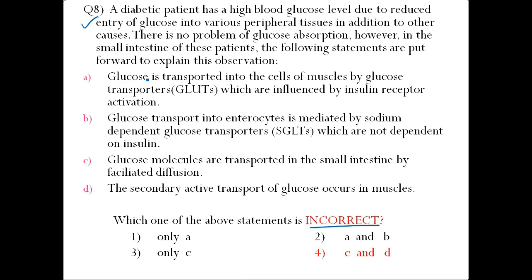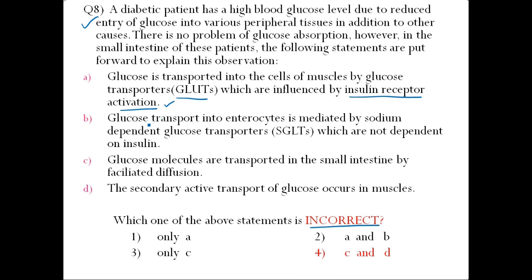First option, glucose is transported into the cells of muscle by glucose transporters GLUTs, which are influenced by the insulin receptor activation. This is correct, because when insulin binds to the insulin receptor in the muscle cells, then GLUT4 will be translocated into the cell membrane and helps in glucose transport.